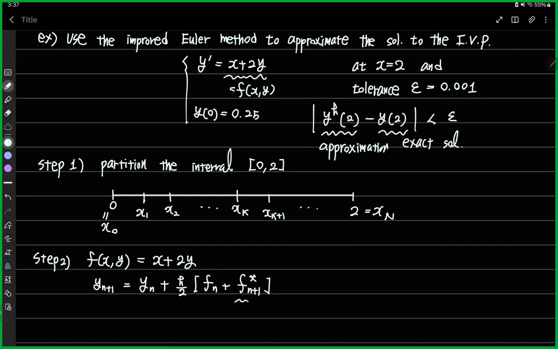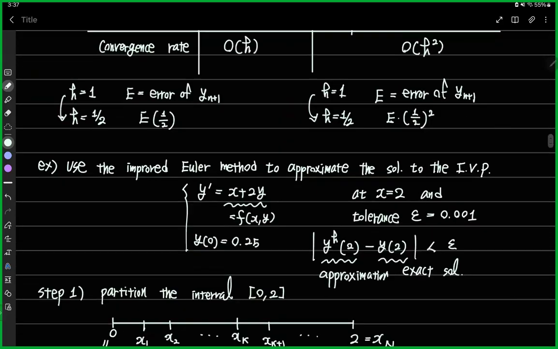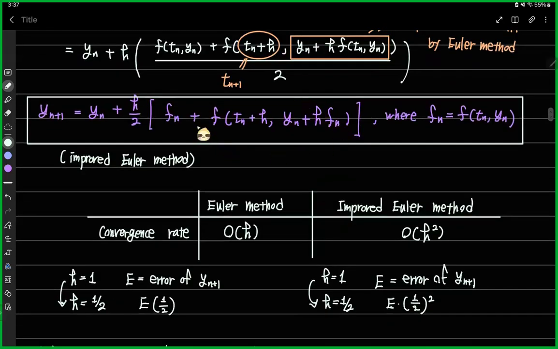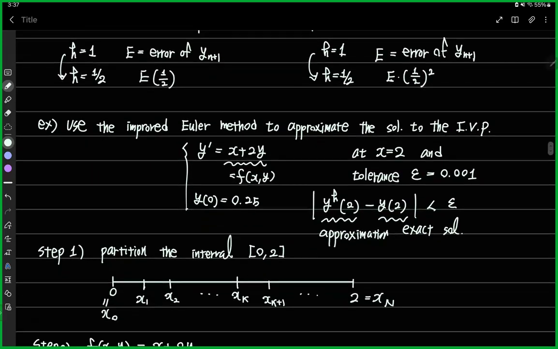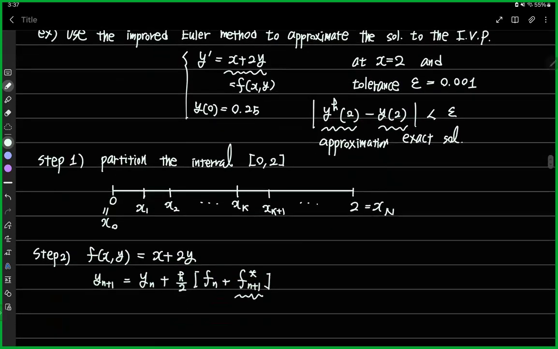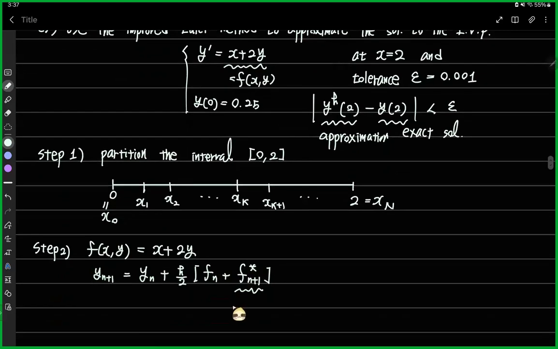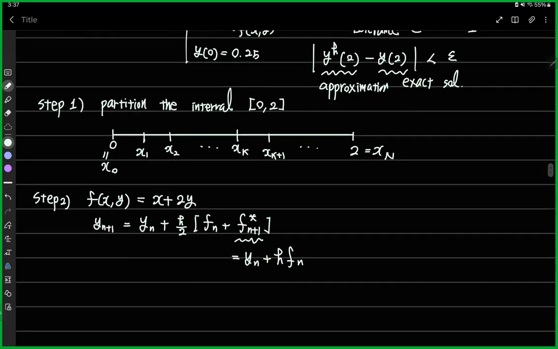So y sub n plus 1 star means y sub n plus h times f sub n by the Euler formula. Euler method, right? So this is equal to y sub n plus h over 2.